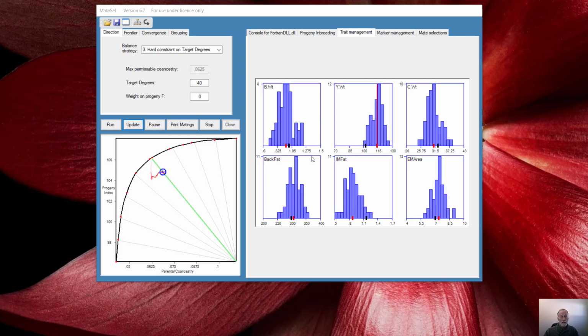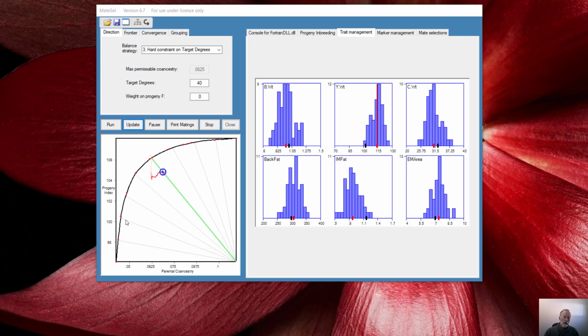I'll now say a little bit about how we invoke this target degree line, still working in a hard constraint. The other type of constraint is soft, and I'll tell you about that in a moment. So we want to have higher degrees than the green line in order to achieve our policy, and so it should be on this side, to the left or below.